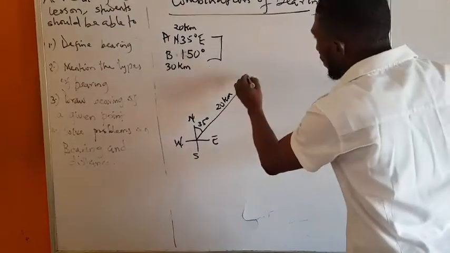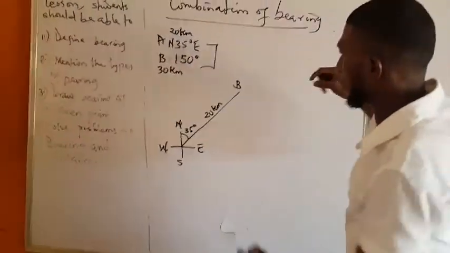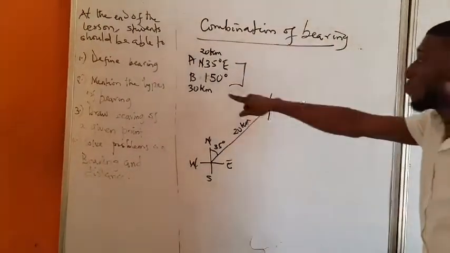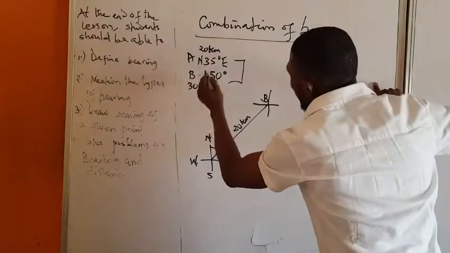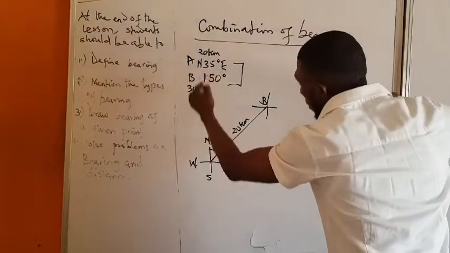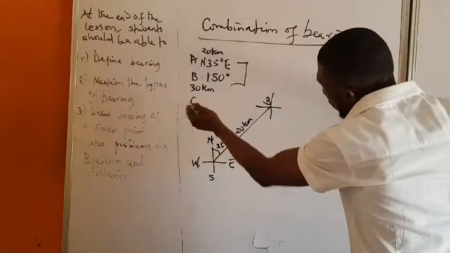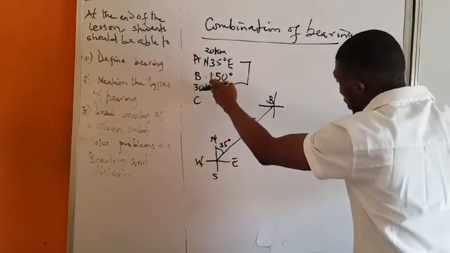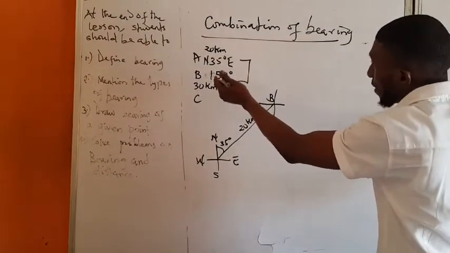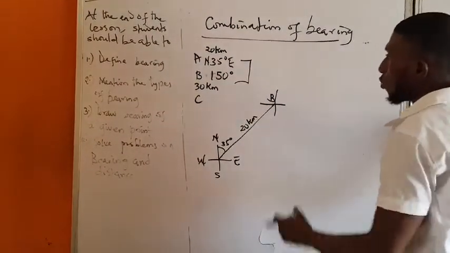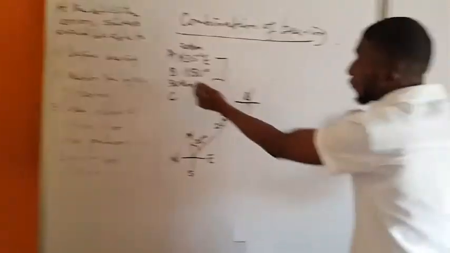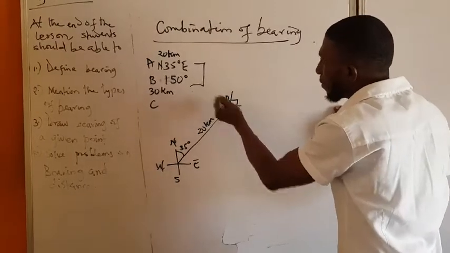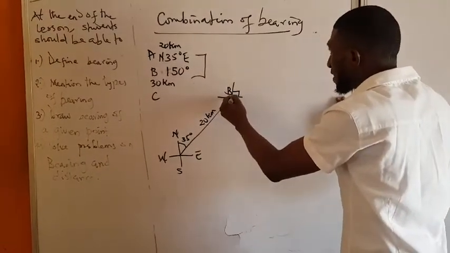Now, from this place, which is now point B, you walk from this place to this place, and from point B to another point C, with this bearing. Remember that this one is not a two-directional bearing. This first one is a two-directional bearing, while this one is a complete circle, or we call it whole circle bearing. Therefore, from this one now, you measure 150. If this place is 90, then 150 minus 90, we have 60 left.